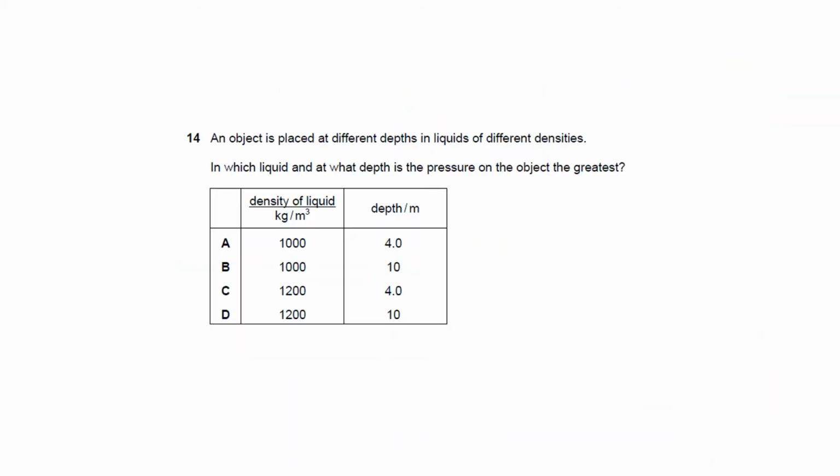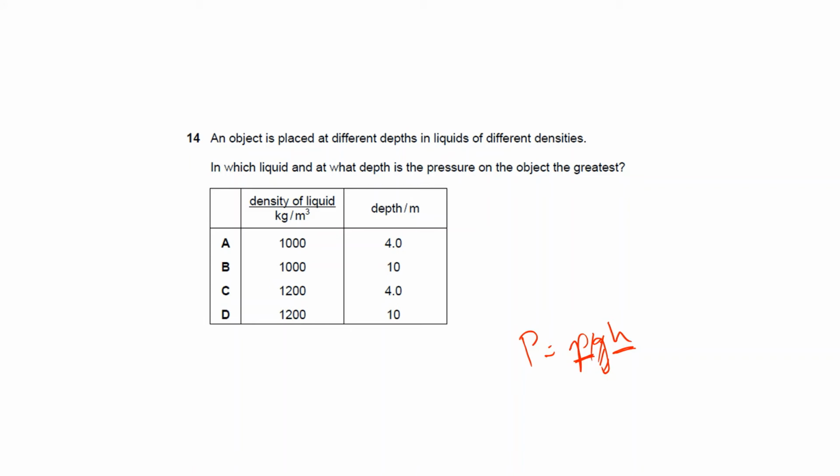Moving on. Now they say that an object is placed at different depths in liquids of different densities. At which liquid and depth is the pressure the greatest? Now the hydrostatic pressure in liquids is basically equal to rho g h, and so the greater the density and the greater the depth, the higher the pressure. g we can treat as a constant because g does not change, at least when we are on Earth, and that's what we're going to assume.